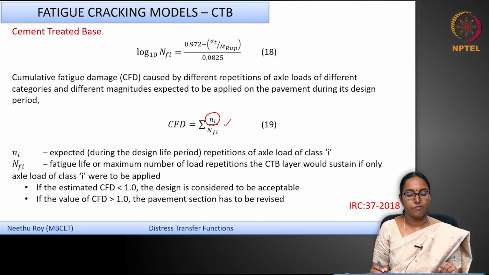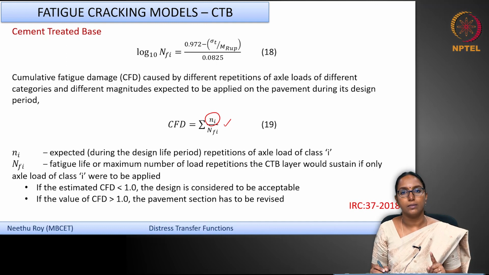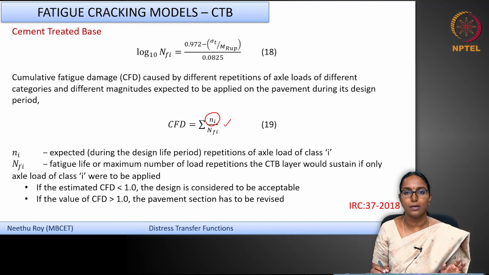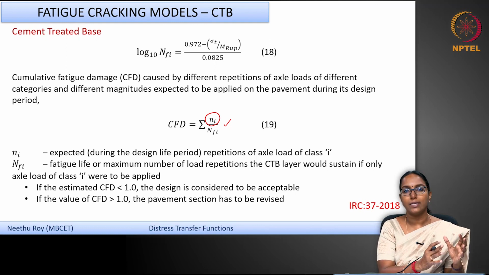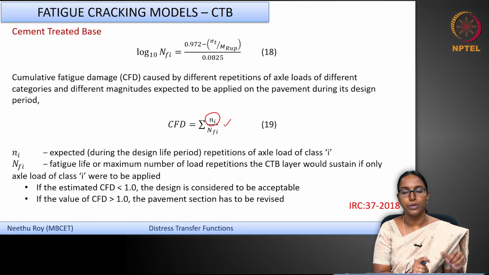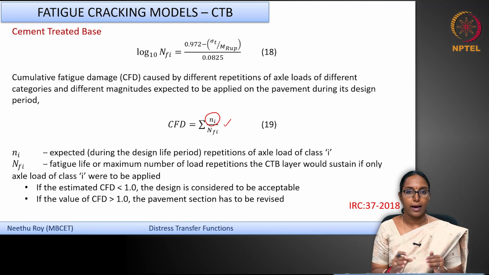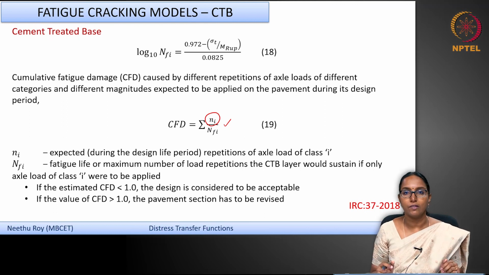Now Ni by NFi you keep on adding for each class type. For each class you know the NFi for that particular class and the number of load repetitions for that class that has happened, so the relative damage by each class can be computed. Add them together to find the total cumulative fatigue damage.